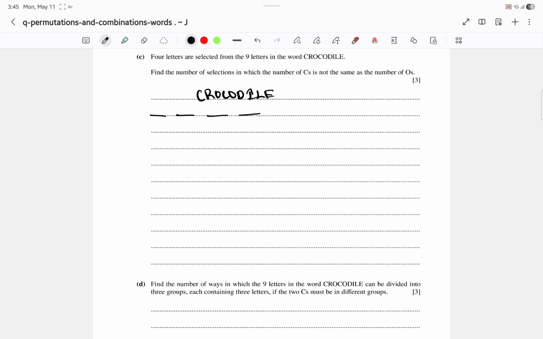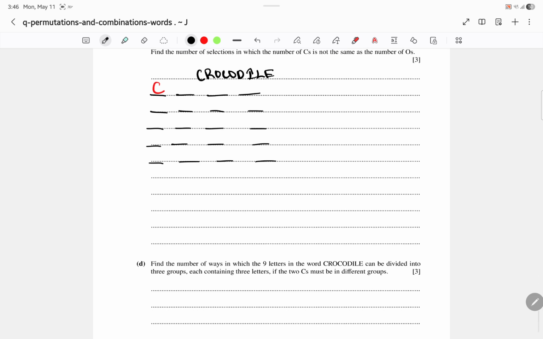So what can be the combinations? Let's say there is 1 C and no O's, or it can be multiple scenarios and we have to add all the scenarios up. The second scenario can be that there are 2 C's but no O's.